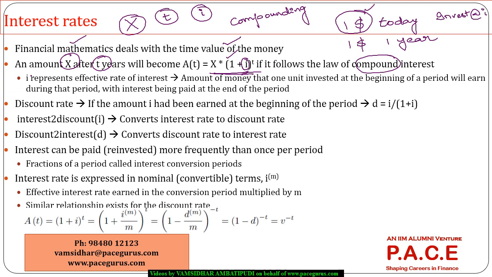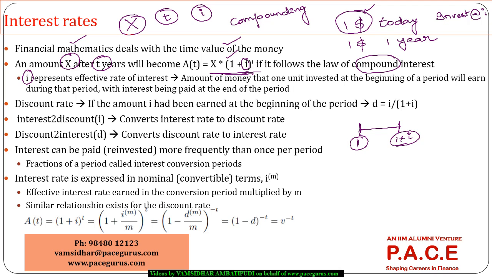So this i is very important for us because we are dealing with interest rates. This i is called effective rate of interest, which is as good as saying, so if I'm talking about this as one single period, let's say in this case take it as a year. So I am depositing 1 at the beginning of the period. How much will it become at the end of the period? Let's say at the end of the period it becomes 1 plus i.